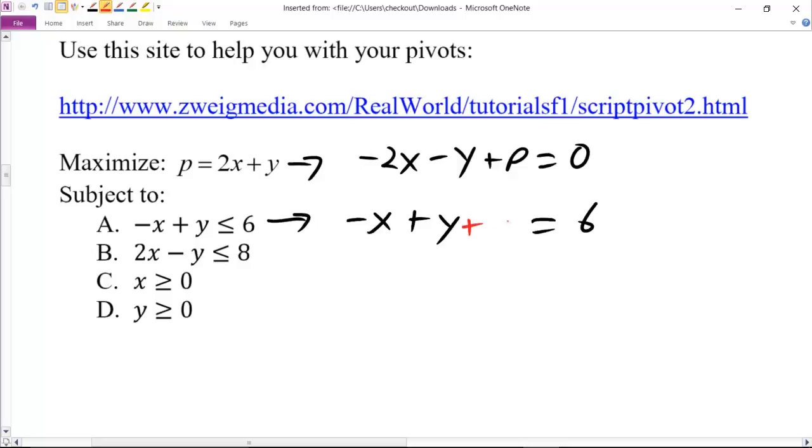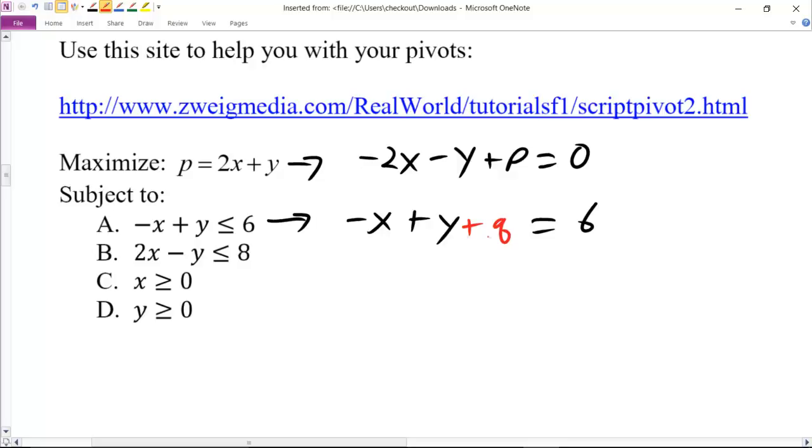So I'm going to say plus q, because there was no variable q in my system. Now, you might be saying, why plus? Well, because I know this stuff was less than 6, if I want to make it equal to 6, then I would have to add something. Because if I subtracted something, then it would make it even smaller, more or less than 6. So if I want to make it equal 6, then I have to add something.